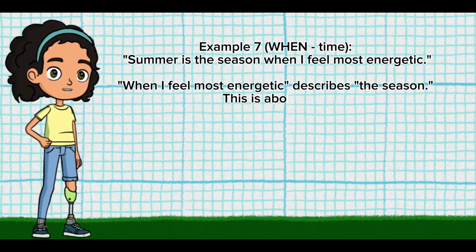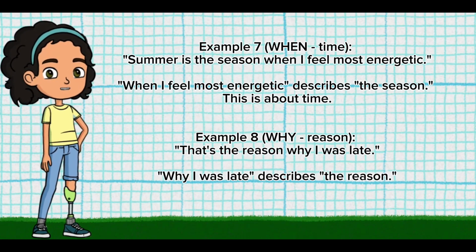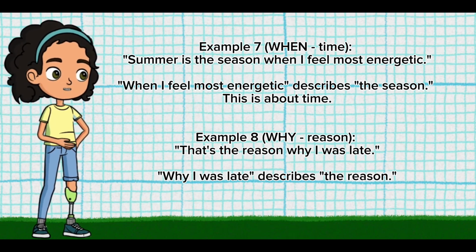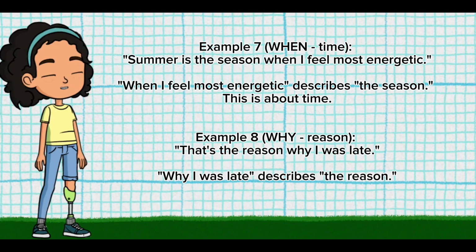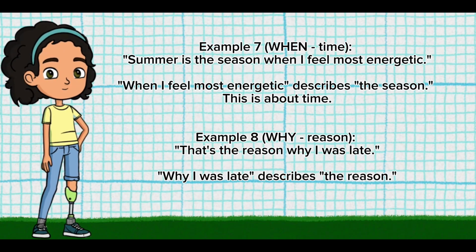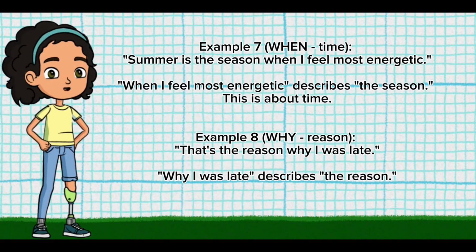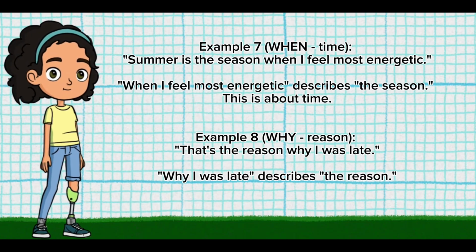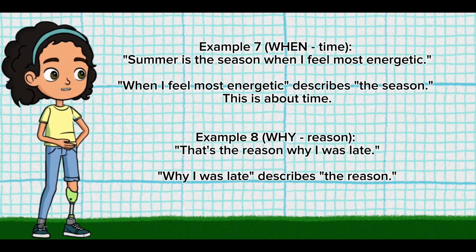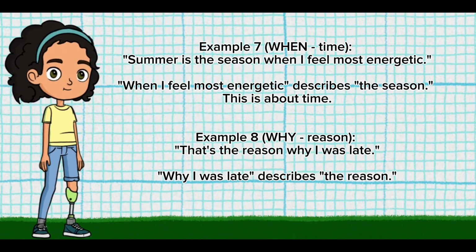The seventh example, we use when for time. The sentence: Summer is the season when I feel most energetic. When I feel most energetic describes the season, and this is about time. And the last example, we use why for reason.